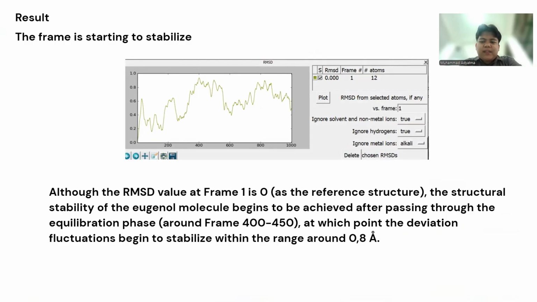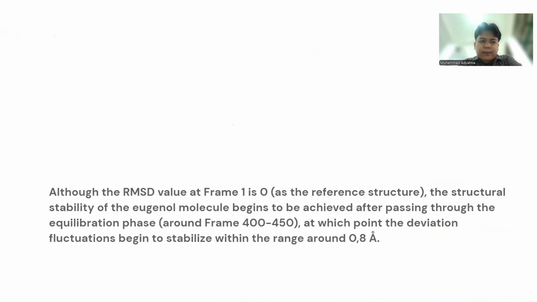The structural stability passes through equilibration from frame 400 to 418, at which point the fluctuations begin to stabilize within the range of around 0.8 angstrom.